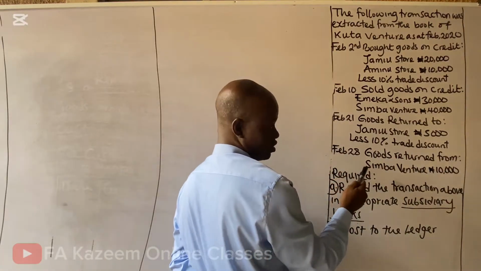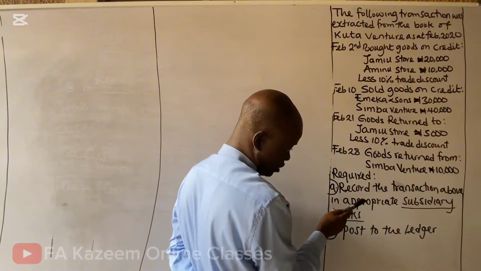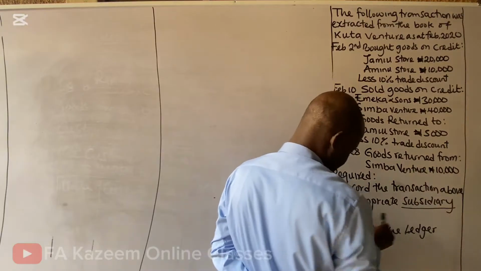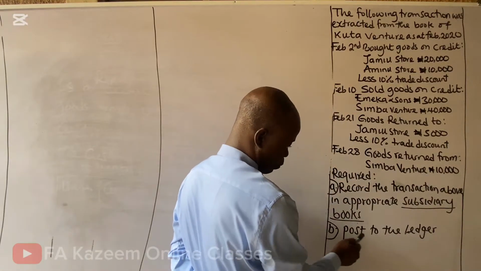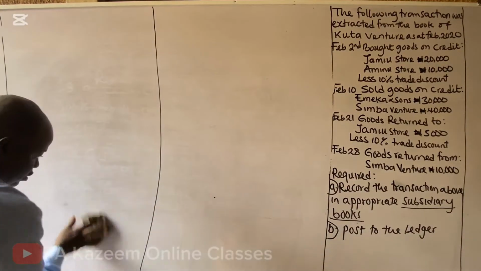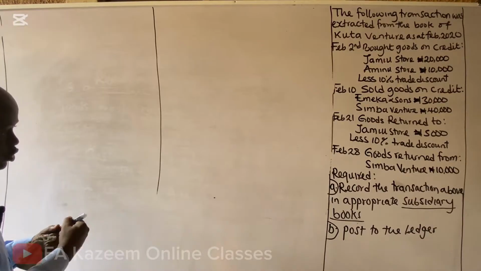And February 28, goods returned from Simba Venture. Required: A, record the transaction above in appropriate subsidiary books. B, post to the ledger. Now we're going to be looking at solution to this illustration.